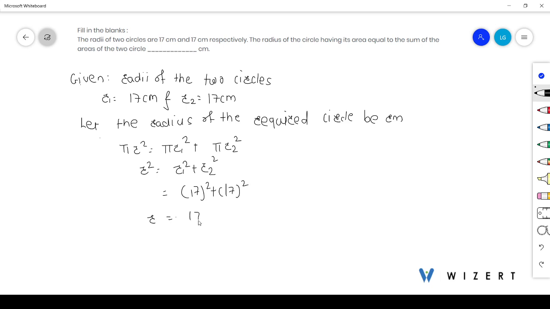Taking square root on both the sides, we get 17 root 2, that is 24.04. Hence, the radius of the circle is 24.04 centimeters.